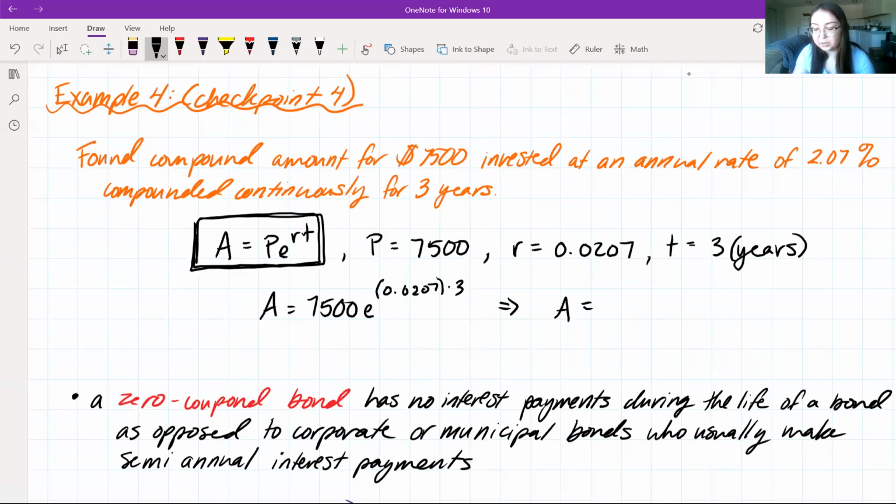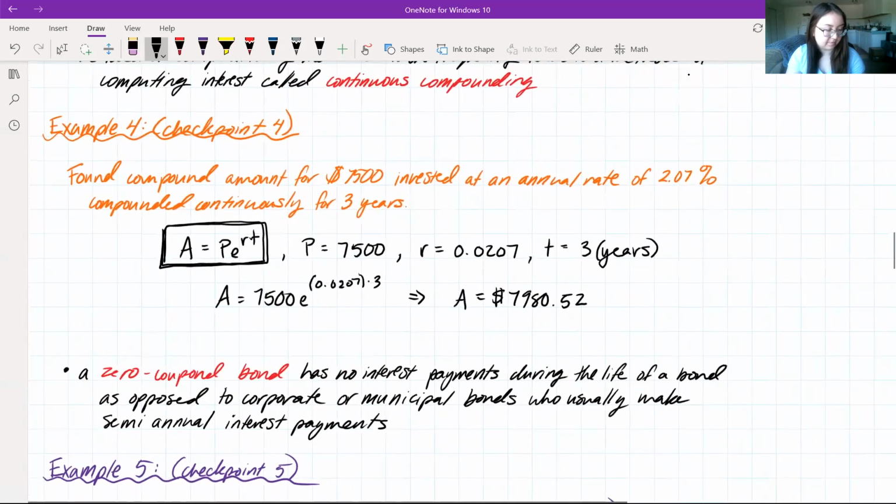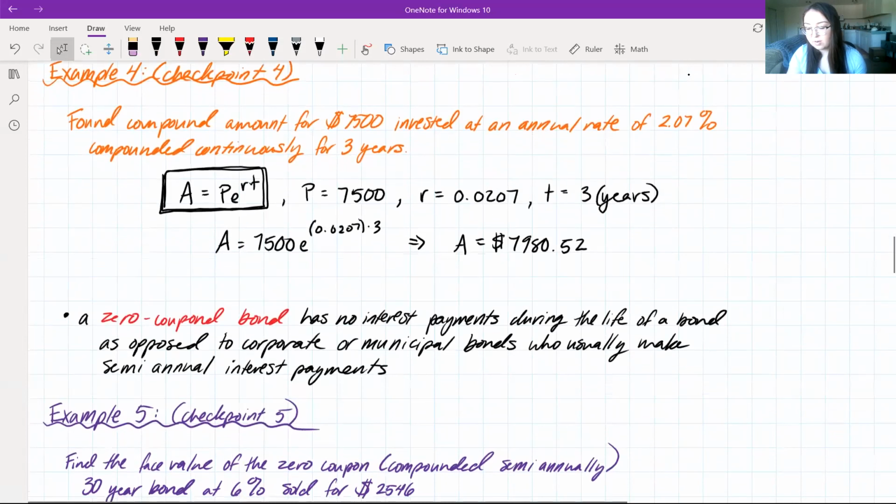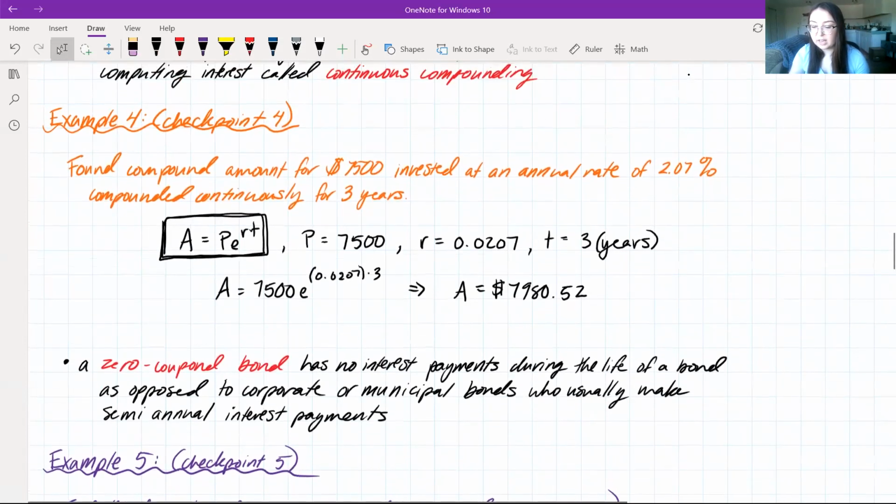And if you do, you should end up getting $7,980.52. So we see that at the end of 3 years, we're going to earn about $480.52.